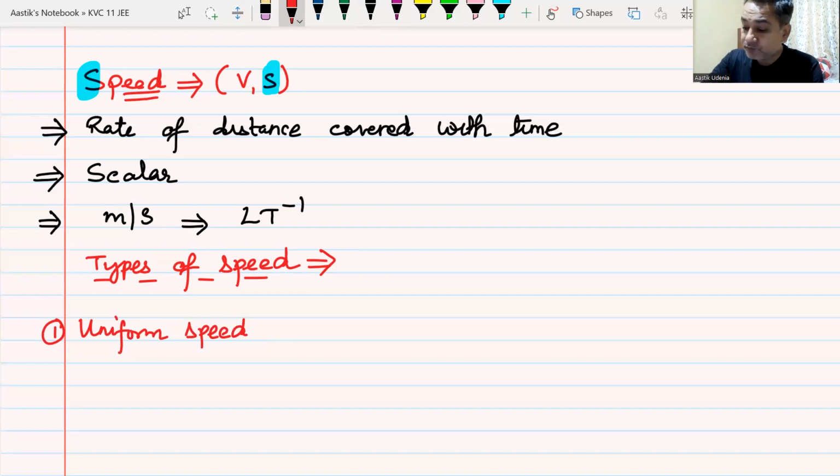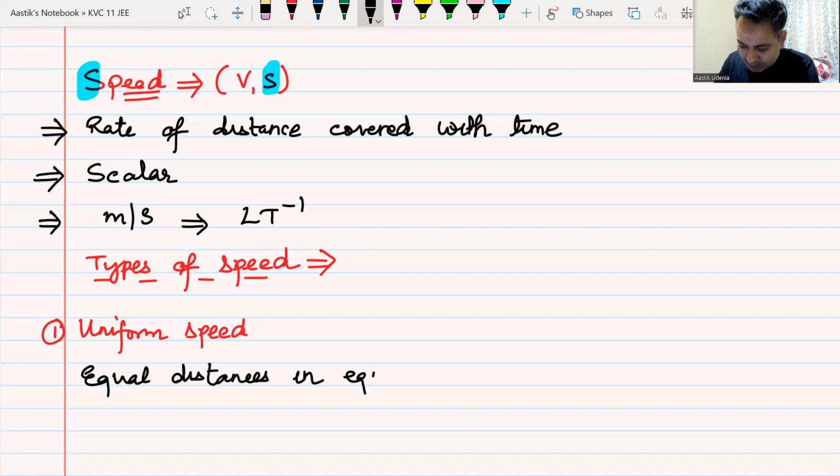If a particle covers equal distances in equal intervals of time.